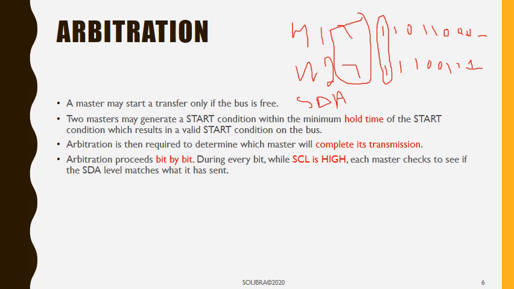Most probably, arbitration is to try to play the referee between two different masters. So if we apply the same principle from the clock synchronization mechanism, and the two are logically ANDed together, this means that on the SDA line we'll see a 1 here.